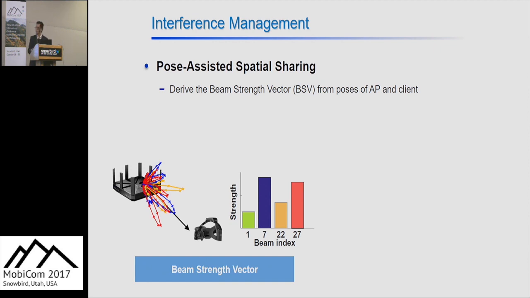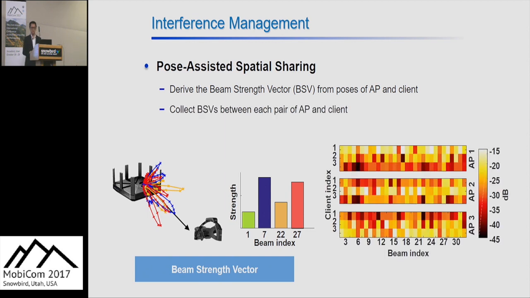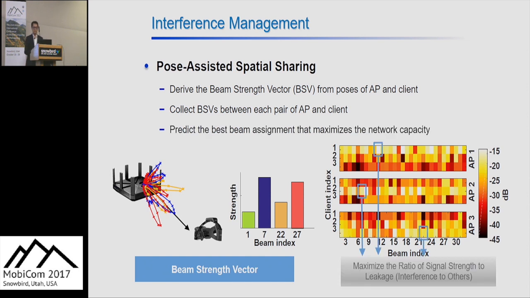For example, in the right figure, the x-axis is the beam index, and the y-axis is the amplitude. We collect the BSV between each pair of access point and client, and form a map as illustrated in the right figure. From this map, our algorithm finds the set of beam assignments that maximize the signal-to-interference ratios, which maximizes the network capacity.